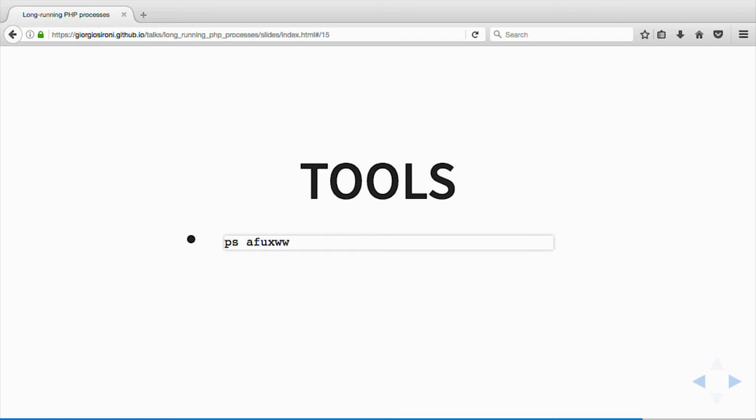So ps is a wonderful tool. You can just log into a server and see the whole picture very easily. And that's a simple tool.